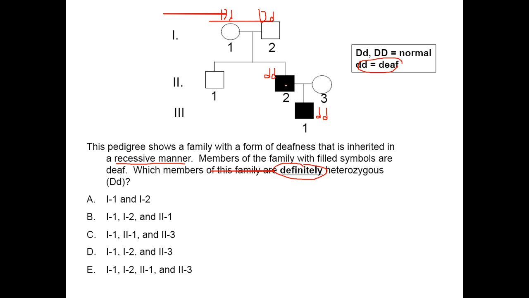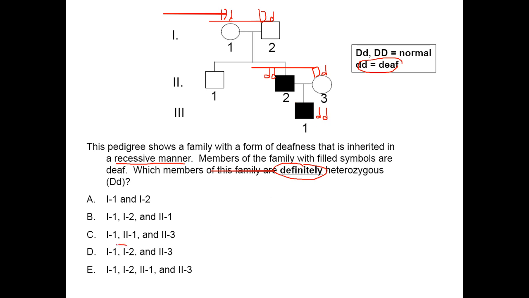Now, but when this kid marries, they also have a deaf kid. What does that mean? That means this wife here has to also carry a recessive gene. So she'll be heterozygous. So then one of the small d from the father, one of the small d from the mother, and become a deaf child.